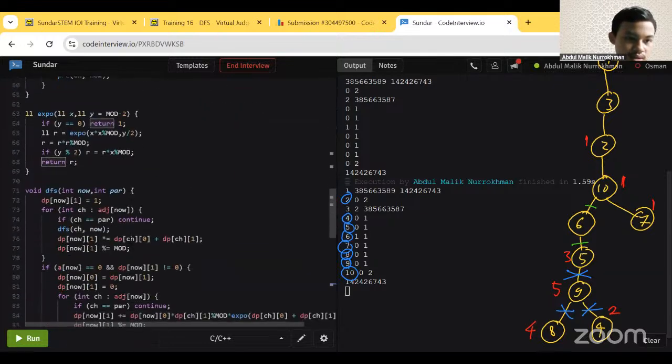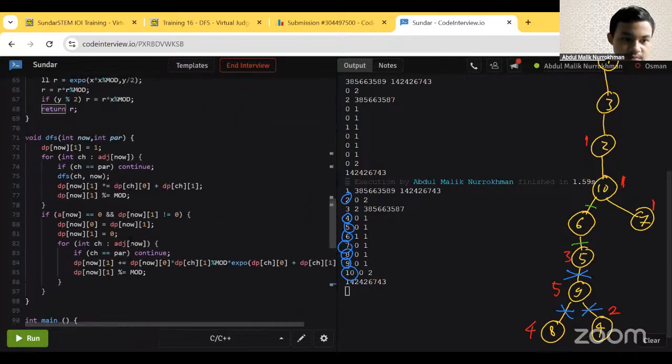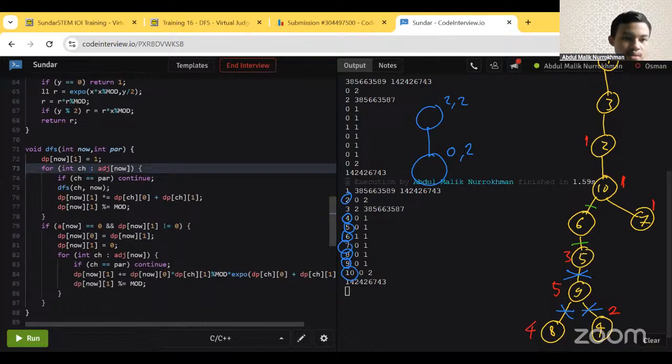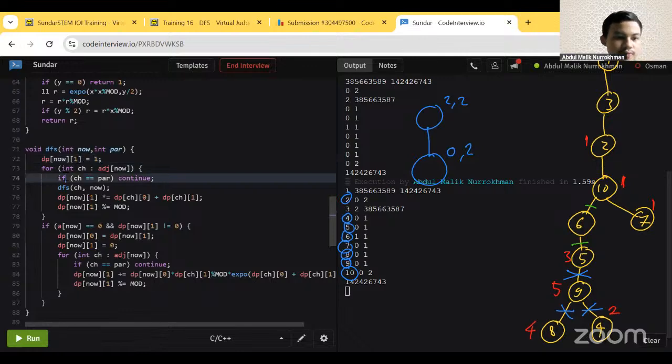Let's check in the DFS. When there is an uncolored node and then in the child, the DP is 0 and 2. So the result will be 2 and 2, right? Let's check. DP now 1 is equal to 1 initially. And then just check for each child.